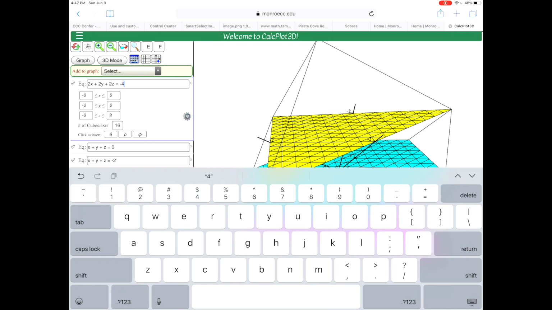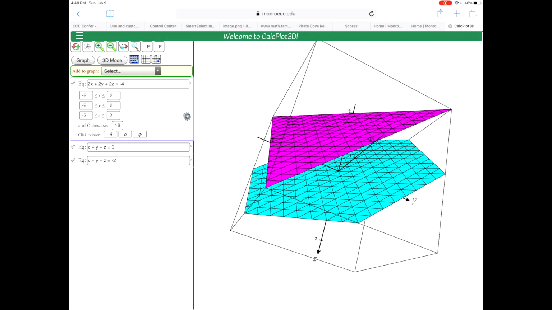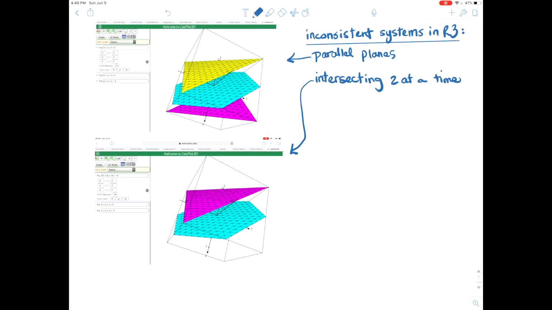Okay, so do you see that the equation that I'm working on right now is the third equation down multiplied by 2? So let's see what that looks like. All right, so here we go. That's what this guy would look like. So here's one where the planes are intersecting two at a time.